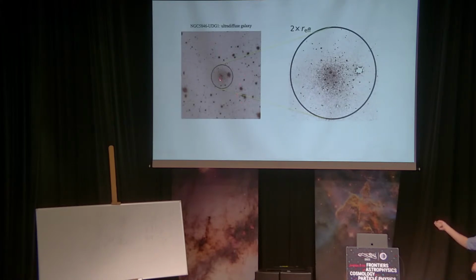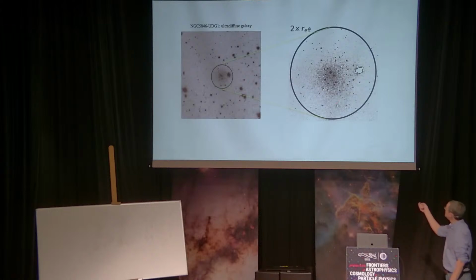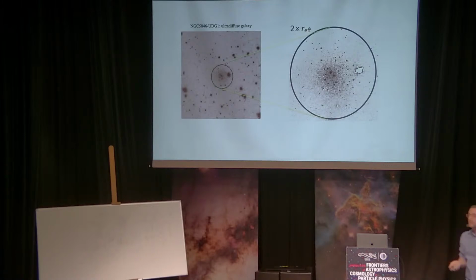And the interesting thing about them for us is that they tend to host many, many globular clusters. So in this picture of this UDG galaxy, the black spots are globular cluster candidates. We think they're globular clusters. And if you look carefully, you see something interesting.